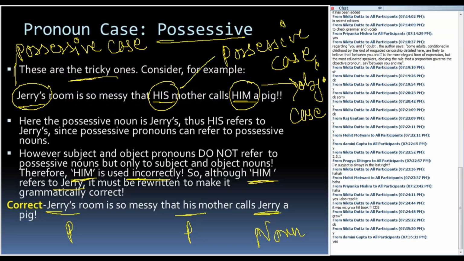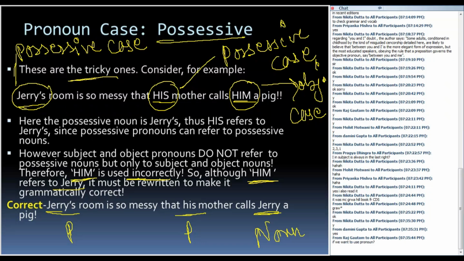Although possessive cases are not so complicated, this is just one example where there's some complication. Now, Raj, the question is, if you want to use a pronoun, you will not be able to use it, and if you use it, it will be wrong.